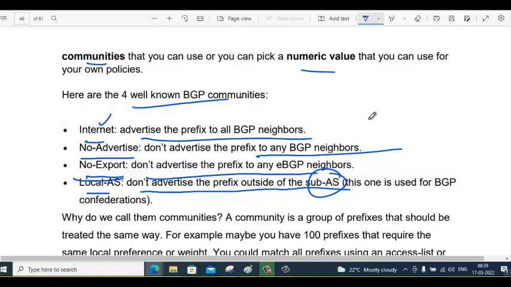Next is no export. Don't advertise the prefix to any EBGP neighbor only. You have no problem advertising to an IBGP neighbor. Next is local AS. Don't advertise the prefix outside the sub-autonomous system.